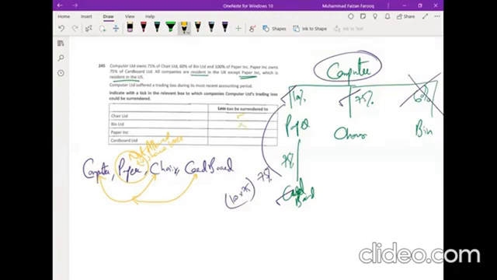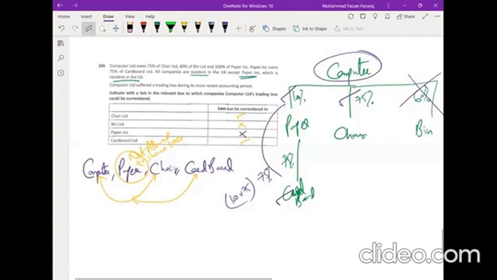Bin, no. Paper, leave Paper. Cardboard, yes. But Paper is a part of the group, but it cannot share losses, because Paper is a foreign company. So the answer is Chair and Cardboard. Any confusion, please? No confusion.